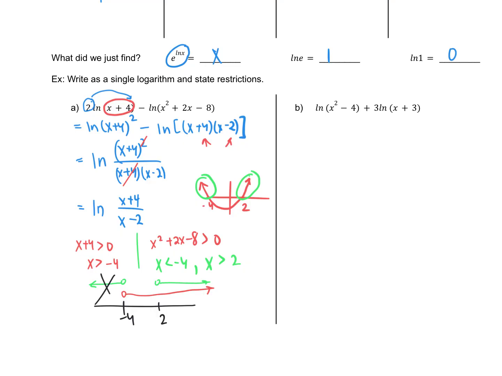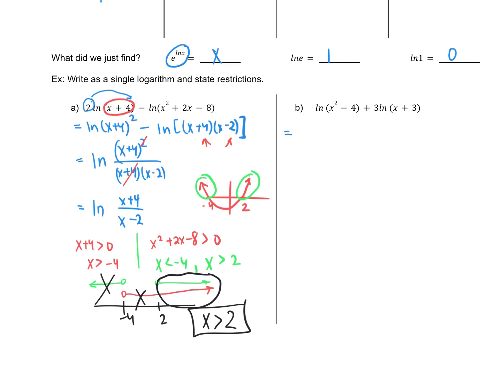This is no good because it doesn't apply to both. This is no good because it doesn't apply to both. This is our happy spot. So the overall restriction is that x has to be greater than 2. Okay, so make sure if your argument is quadratic, you are drawing that little parabola.